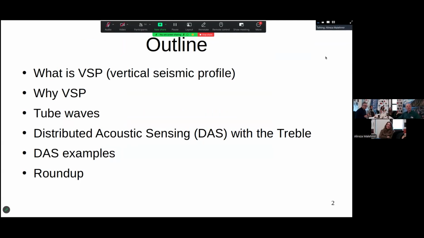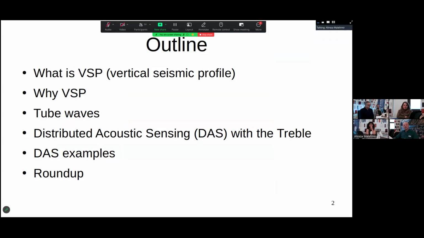So I'll first say a little bit about what VSP is for people that aren't familiar with it, and then why we do VSP, and then discuss tube waves and show some examples with hydrophones. In a way, hydrophones behave in a similar manner as a loose hanging fiber optic cable.